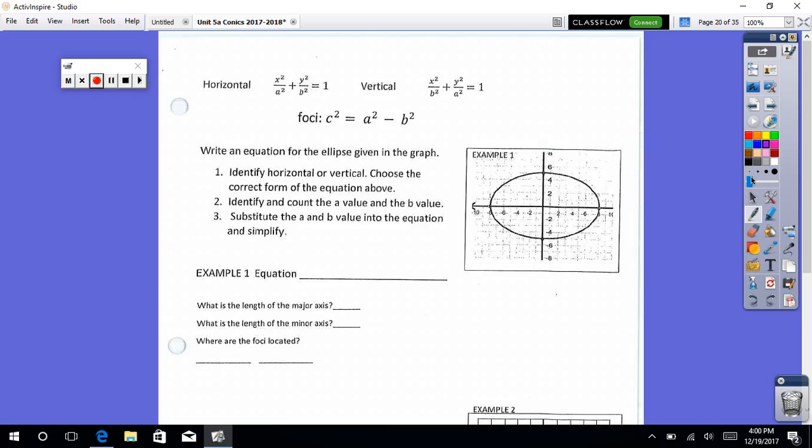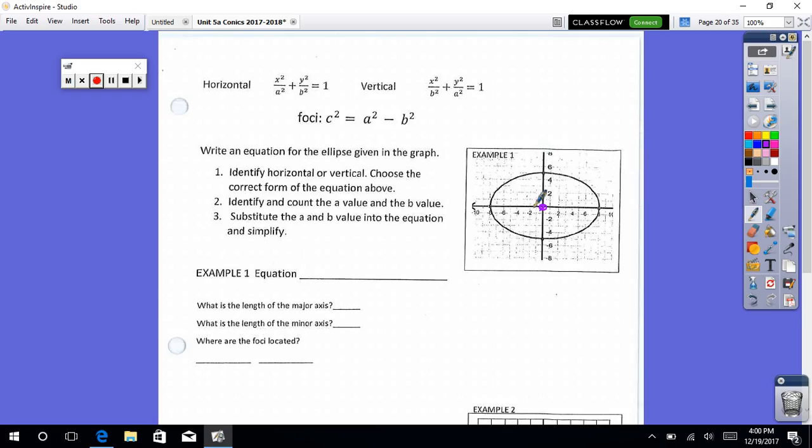So if you look at this guy right here, he is definitely horizontal, so he is long ways. He is laying down. Our center is sitting at 0, 0, so we don't have to mess with that. Don't let the a squared, b squared, whatever, confuse you.